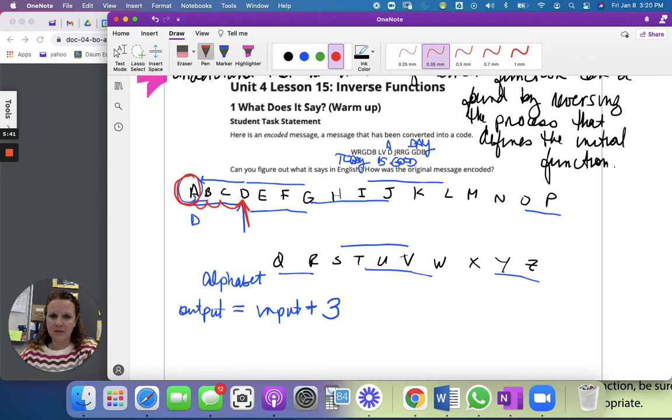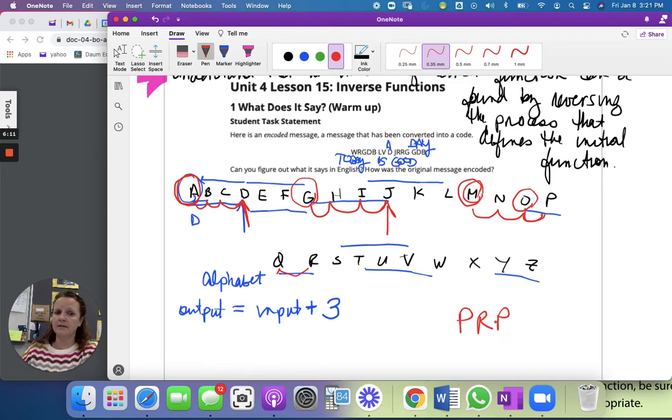If our input was G, plus 3, our output was J. So if I wanted to write the word mom, I'd input M, I'd output P. I'd input O, 1, 2, 3, R, and then I'd input M again and output P.